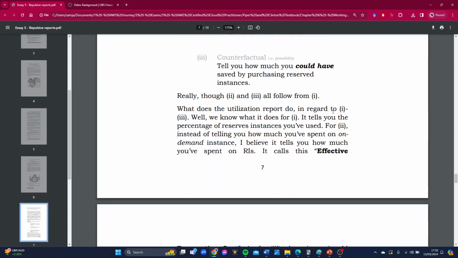Now, what does the utilization report do in regard to those three ideas? Well, let's consider the first idea. What proportion of the concrete things running are covered? Well, the utilization report tells you the percentage of reserved instances you've used.